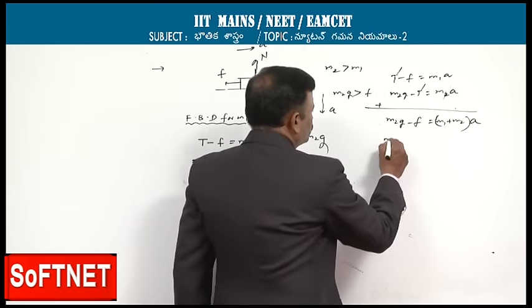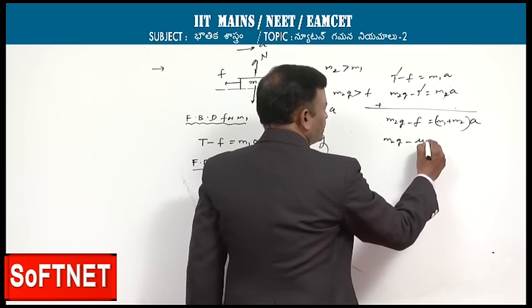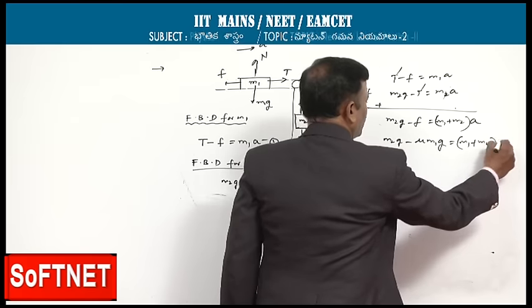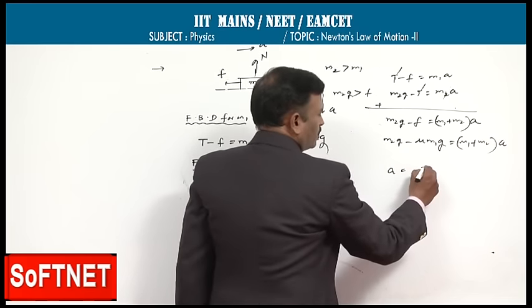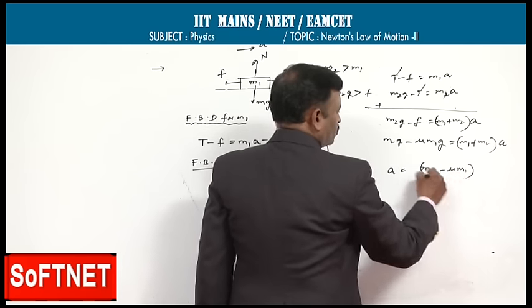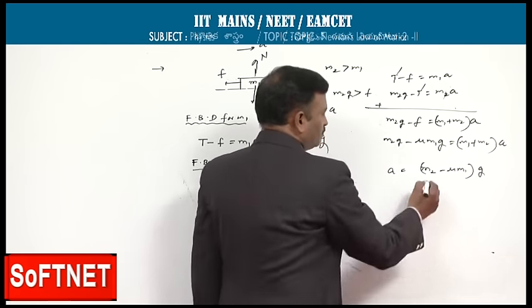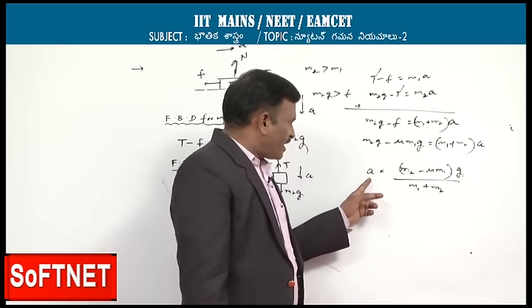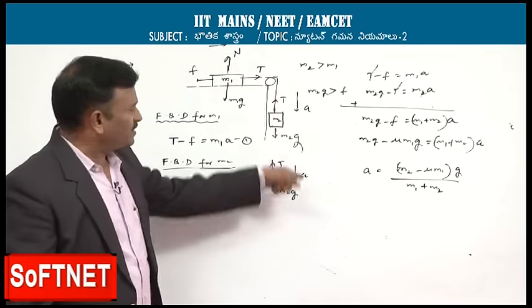As m2g minus frictional force, mu into m1g, should be equal to m1 plus m2 into a. A should be equal to m2 minus mu m1 into g by m1 plus m2. This is an expression for acceleration of the system.